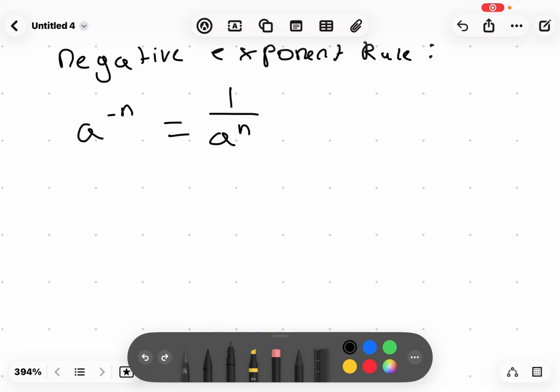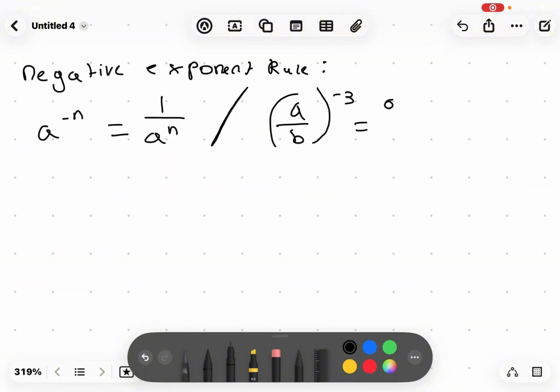Another version of this rule is, let's say you have something like this, right? What you do, you just open the brackets, and after that, the numbers switch and the exponent becomes positive.